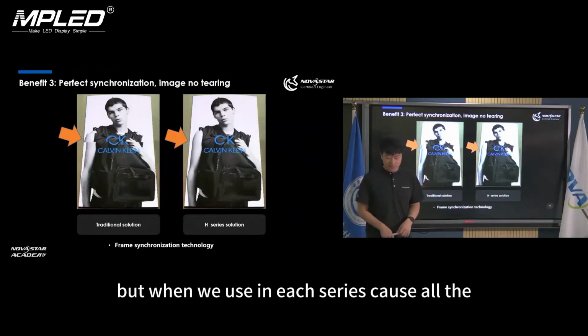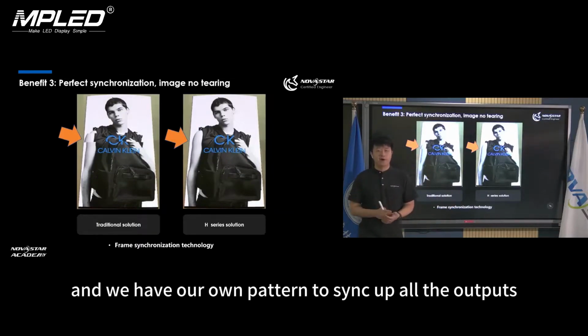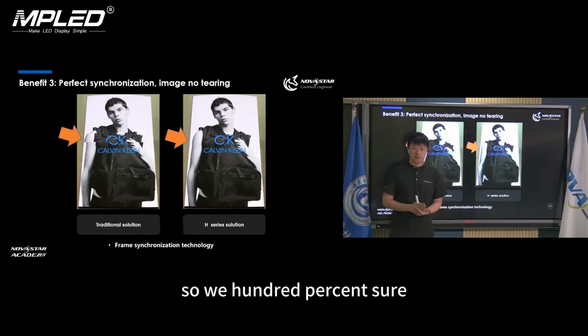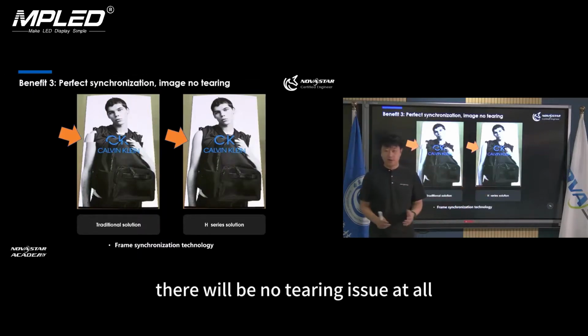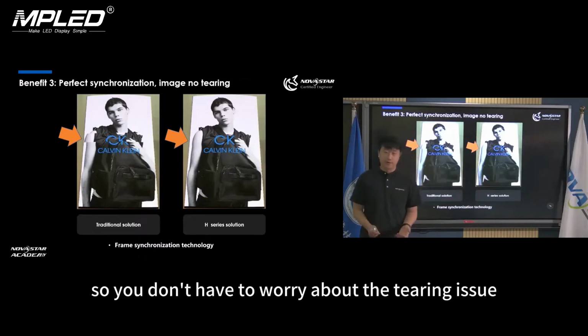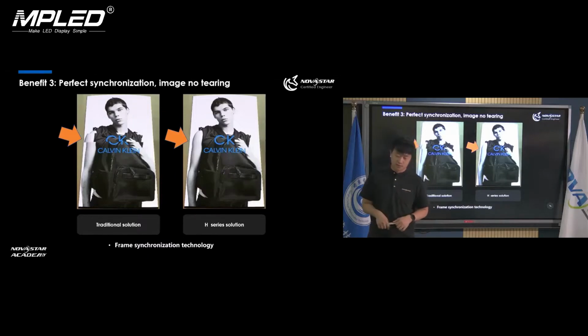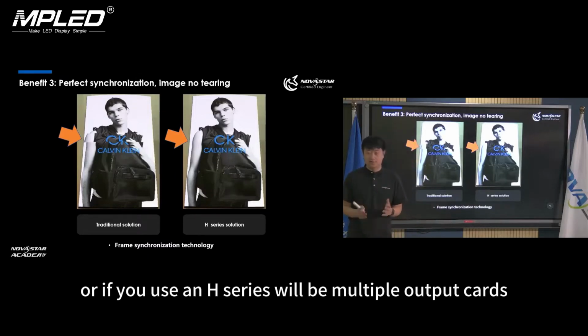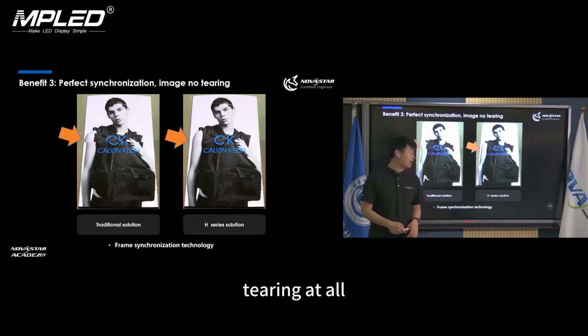But when we use the H series, because all the data processing is inside one unit, and we have our own patent to sync up all the outputs, we're 100% sure that if you're using the H series, there will be no tearing issue at all. So you don't have to worry about the tearing issue when you have a project with multiple controllers, or if you're using the H series with multiple output cards. There will be no tearing issue at all.